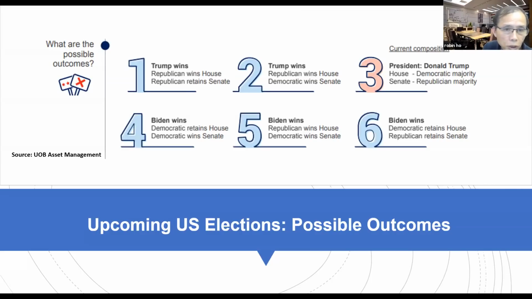The other one is Biden wins, Republicans win the House, and Democrats win the Senate. Then Biden wins, Republicans retain the House, and Democrats retain the Senate. So these are the 6 possible outcomes, and I would think that the fourth and the 6th outcome would be the most probable.